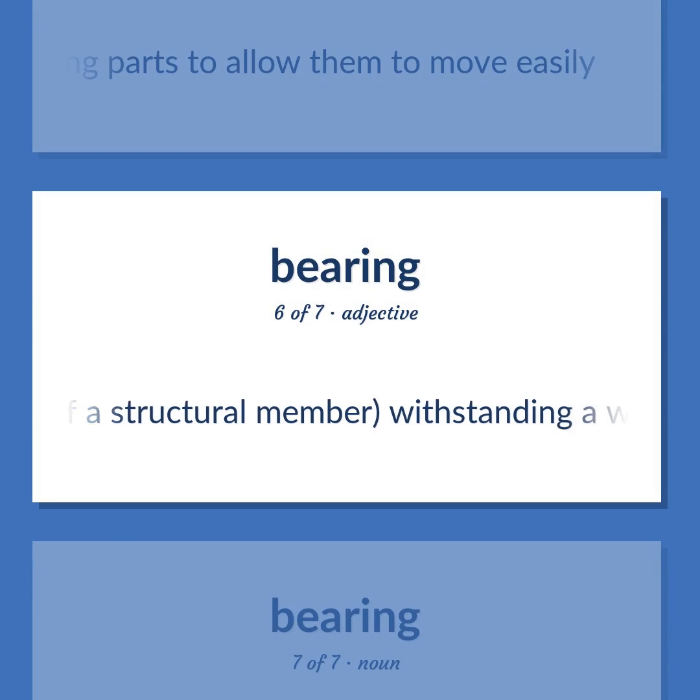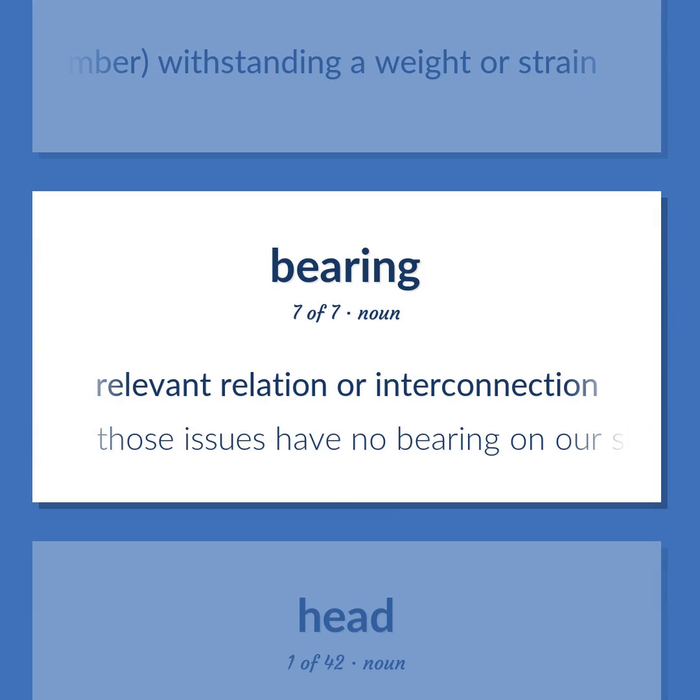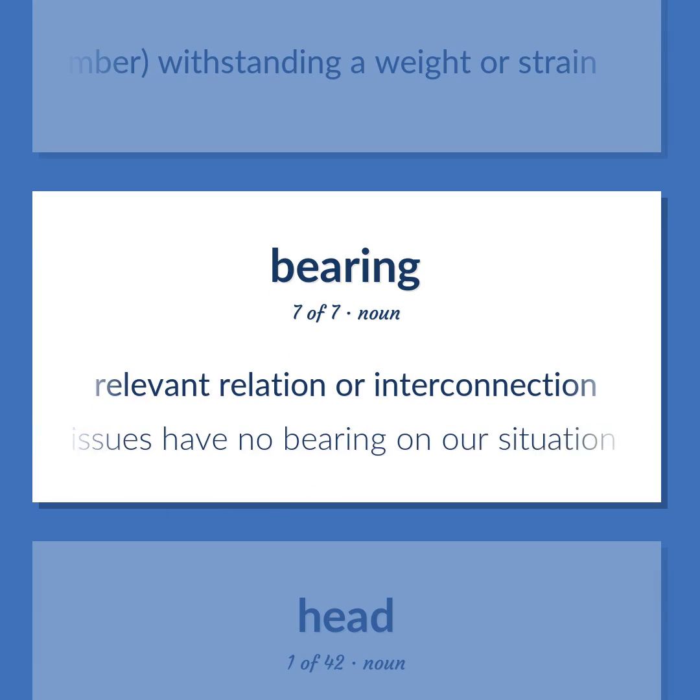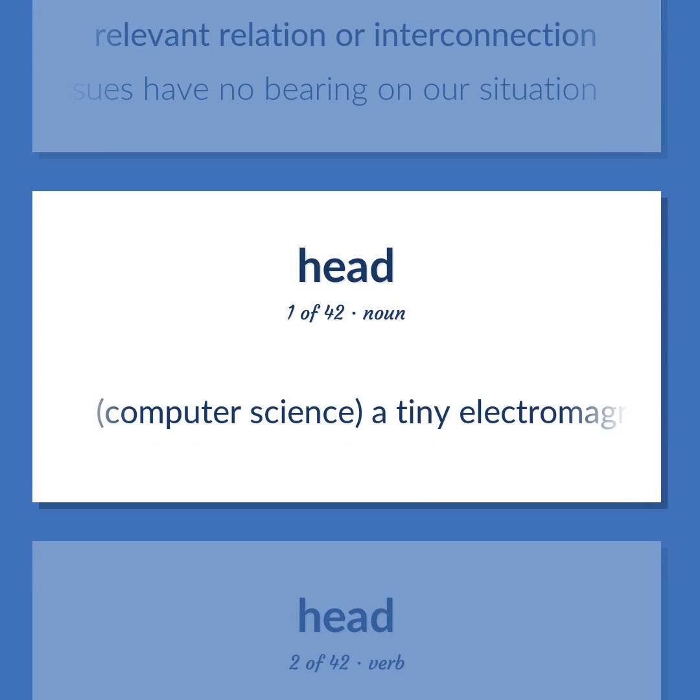Of a structural member, withstanding a weight or strain. Relevant relation or interconnection. Those issues have no bearing on our situation. Computer science, a tiny electromagnetic coil and metal pole used to write and read magnetic patterns on a disk.